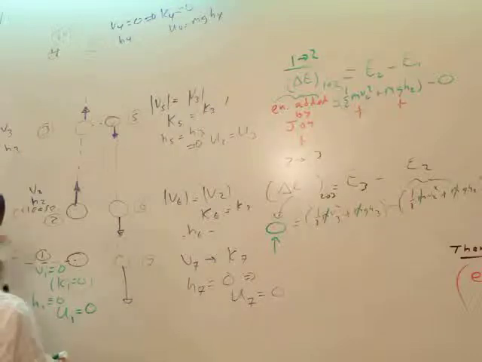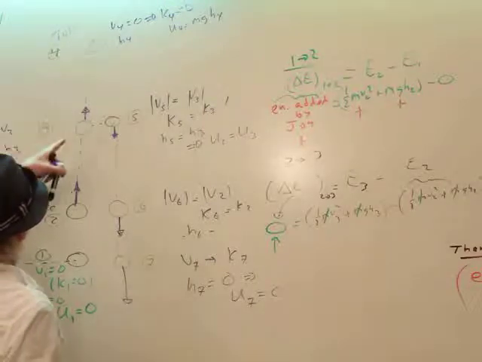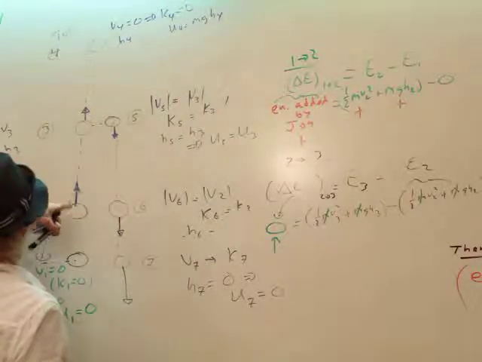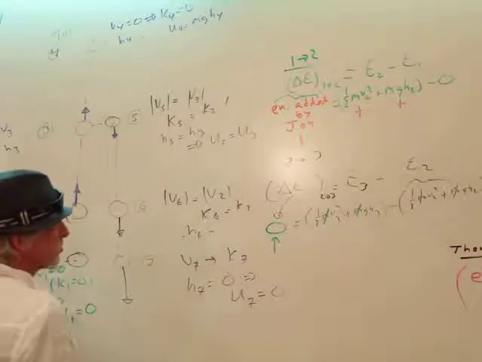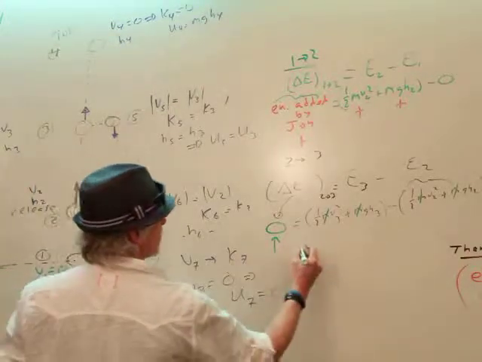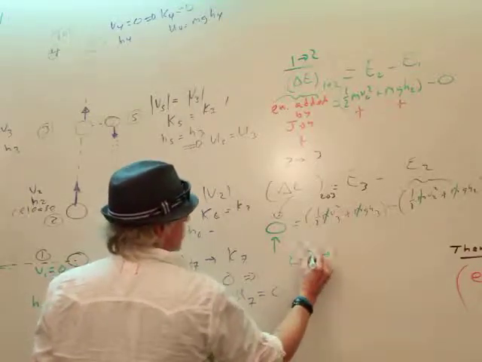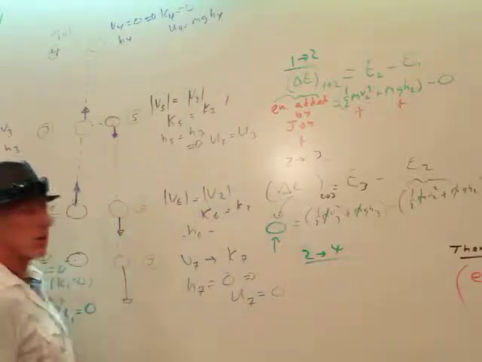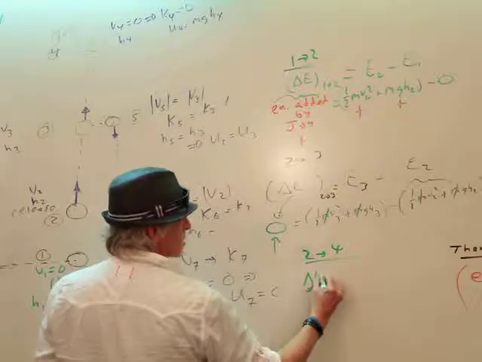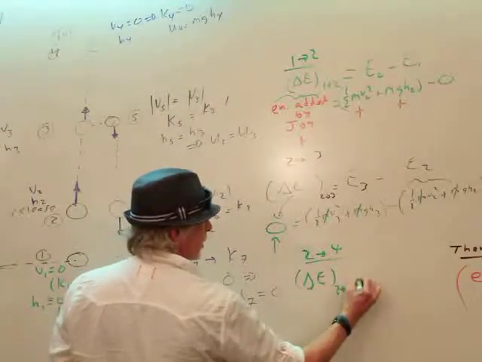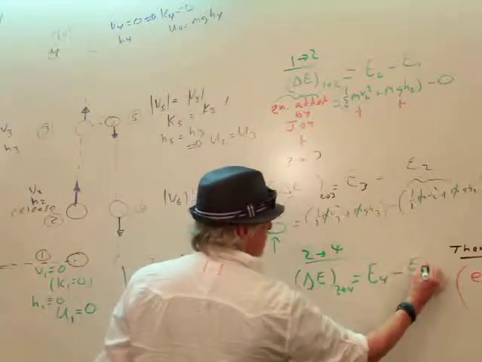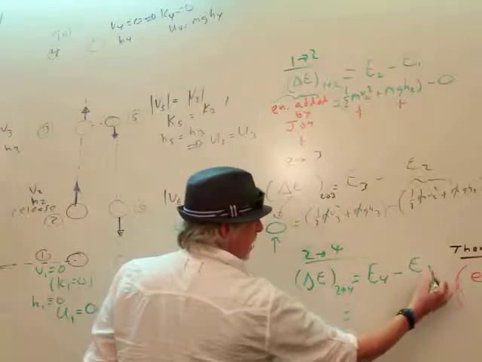Now, what I think is a nice one would be 3 to 4 or 2 to 4. Let's try 3 to 4. I don't know, let's do 2 to 4. That doesn't matter, I just want to make that point. 2 to 4. Okay, so the change in energy from 2 to 4 equals E4 minus E2. See how fast you can get? So what kind of energy? Work backwards.